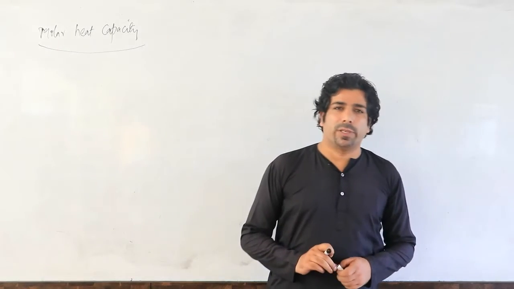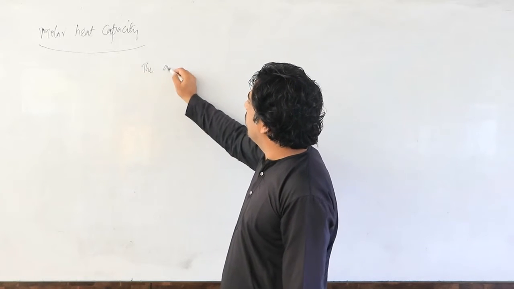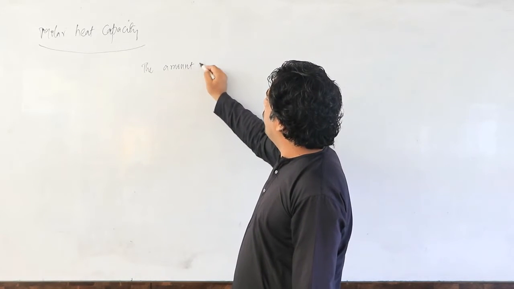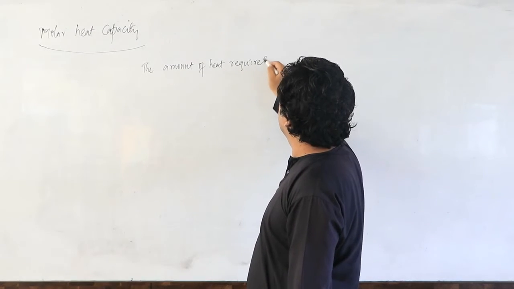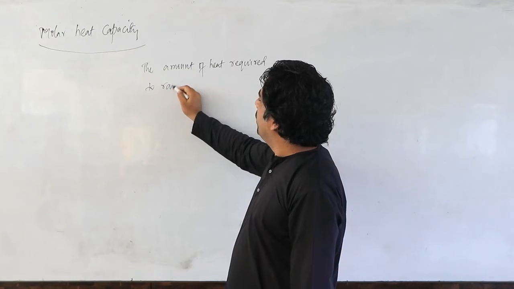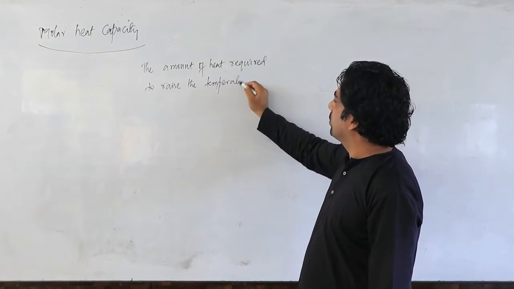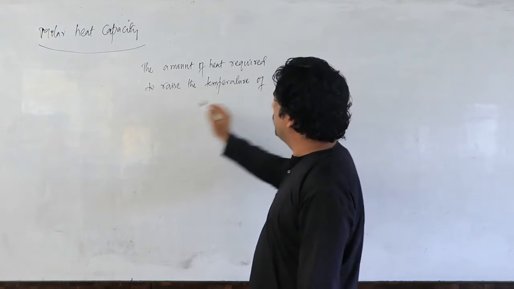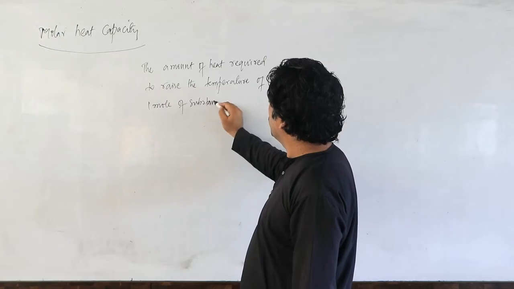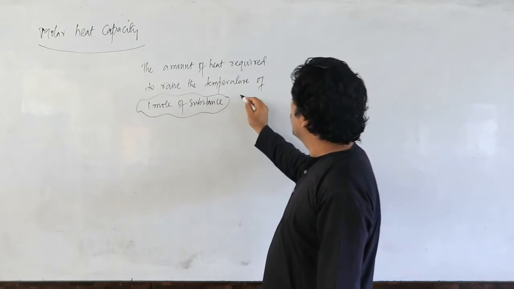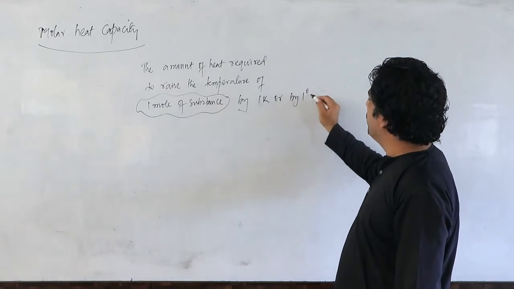So let's talk about now molar heat capacity. So my dear friends, what is this all about? The amount of heat required to raise the temperature of 1 mole of substance by 1 Kelvin or by 1 degree Celsius.